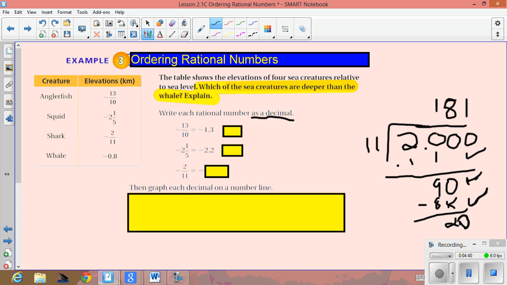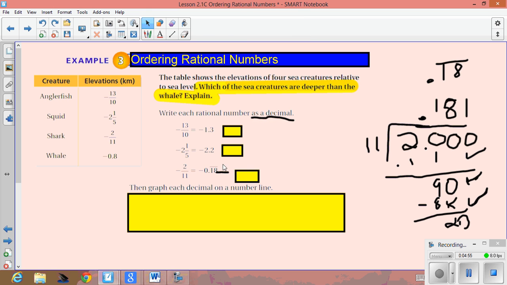So my decimal point will go straight up, and I get an answer of 0.18 repeating. So we get a solution here of negative 0.18 repeating.